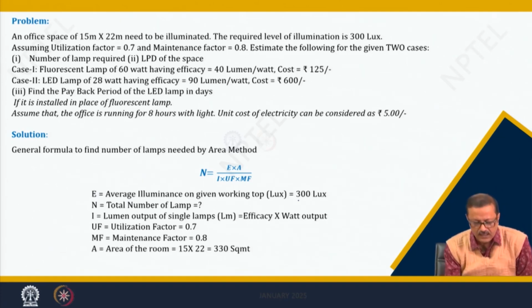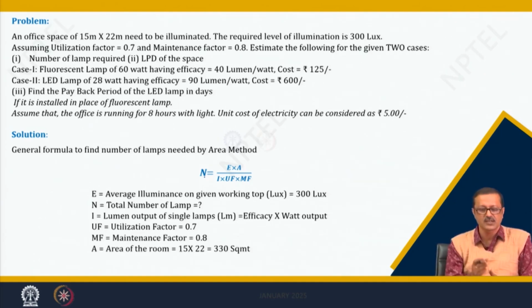I is the lumen input, which is different based on your wattage and the efficacy. UF and MF are the utilization factor and the maintenance factor, already given as 0.7 and 0.8, and capital A is the area of the room, which is mentioned as 15 meter by 22 meter as dimension. So, it is almost 330 square meter is the area of the room.